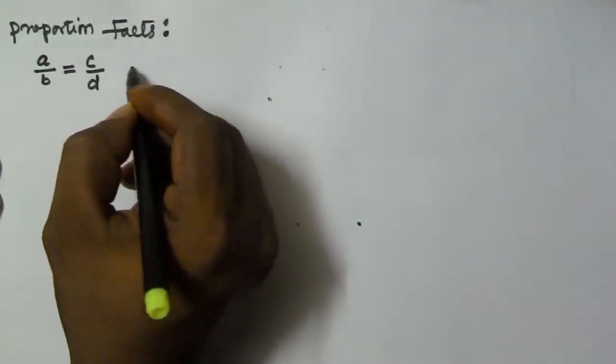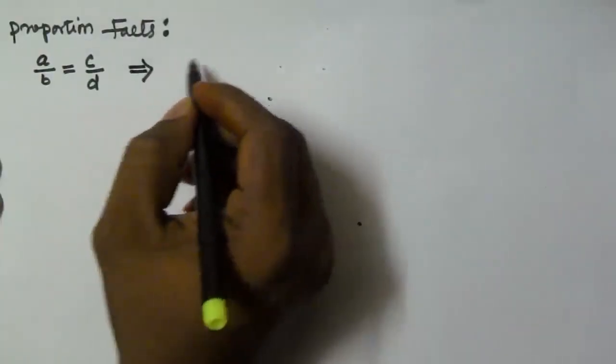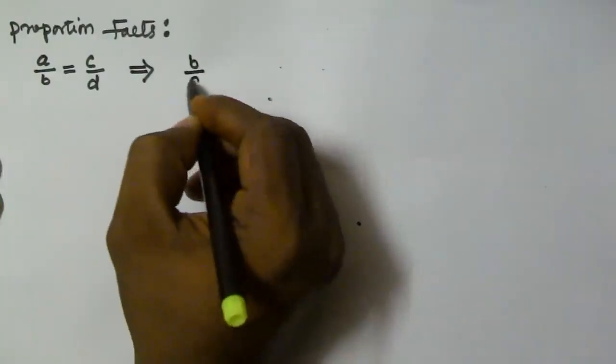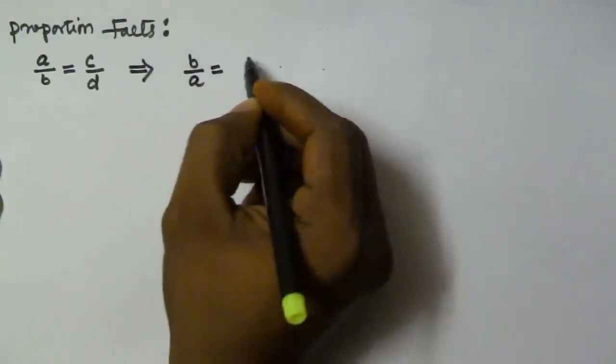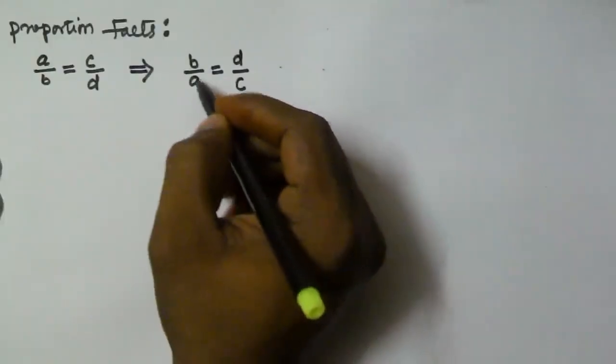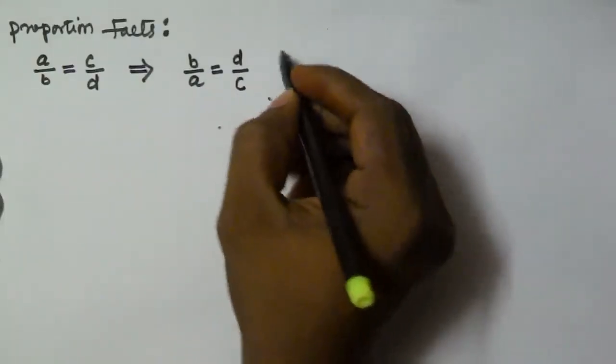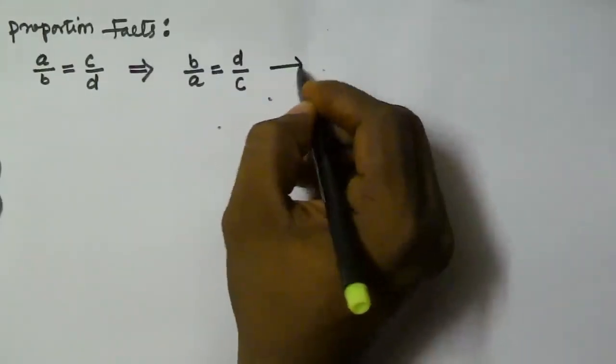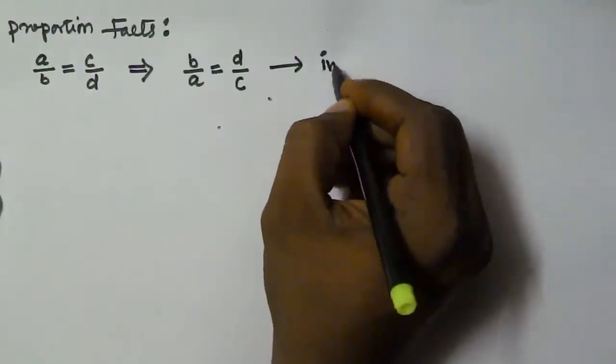Then the same can also be written as B by A equivalent to D by C. So this is called as invertendo.